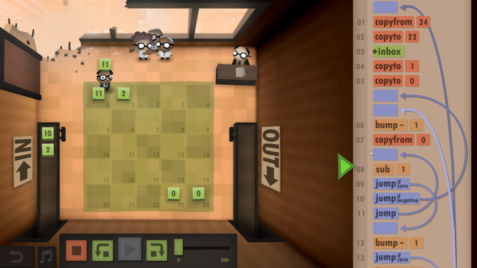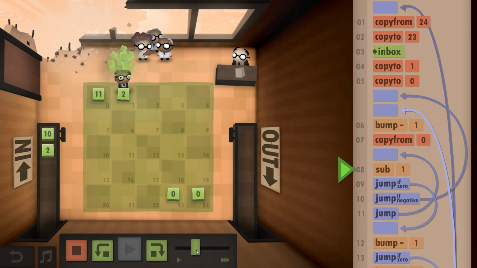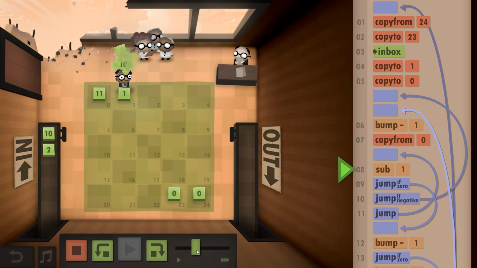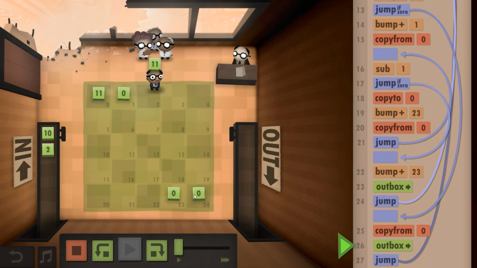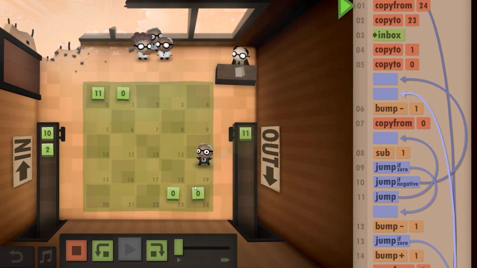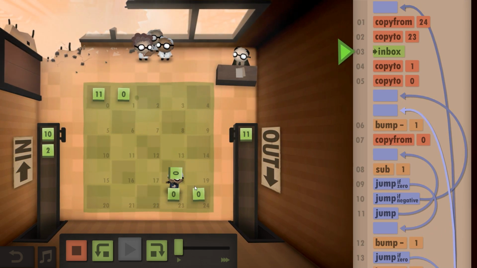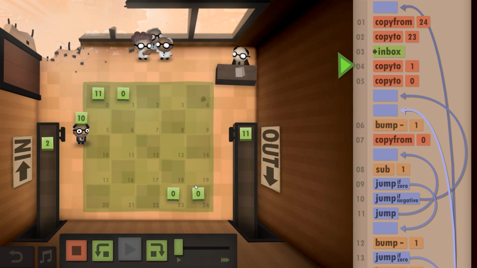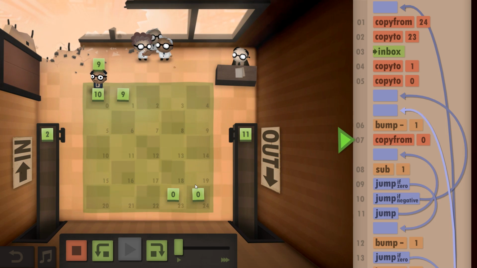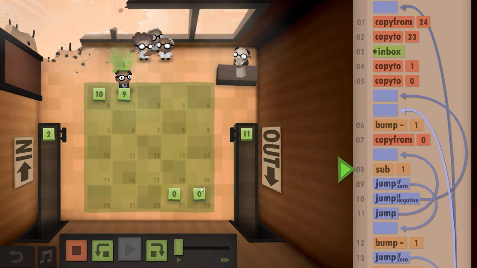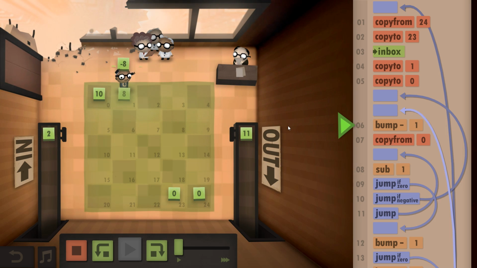Okay. Let's speed it up a bit. Zero, okay. And it outboxes the 11. That's good, okay. So let's see what it does with a 10. I'm not sure what's gonna happen here. This seems like I could save some steps there, maybe, I don't know.